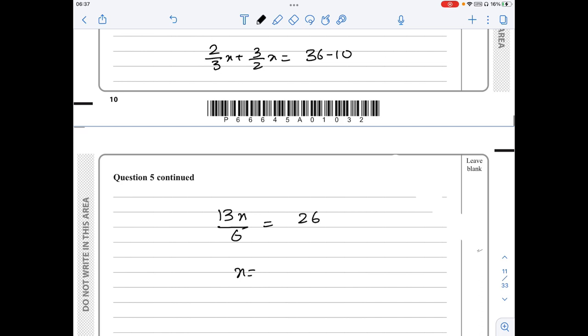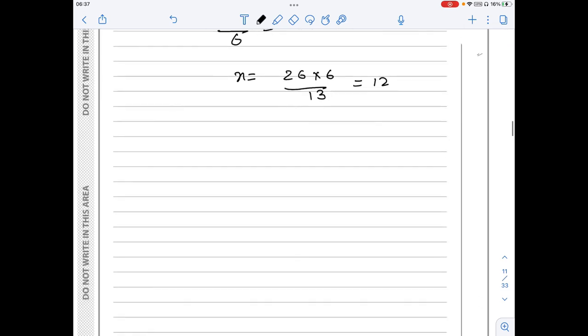So x equals 26 times 6 divided by 13, which equals 12. So plug in x equals 12 in the second equation: y equals minus 3 upon 2 times 12 plus 36. It becomes 18. So the coordinates of P are 12, 18.